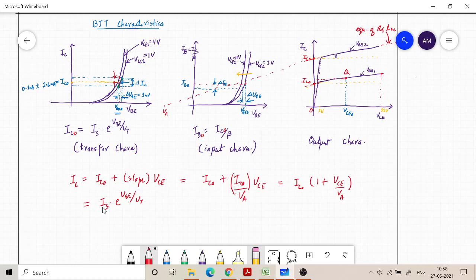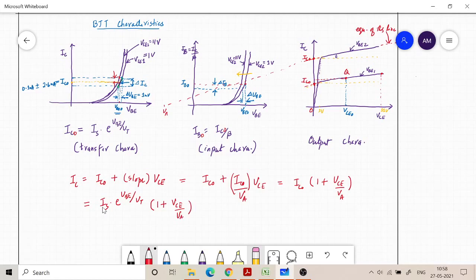If you think of the output collector current as independent of the output voltage, it will only depend upon VBE, and we will be able to derive this expression. But now, added to that, we are saying that it will also depend upon VCE, and the dependency is determined by this factor VA.